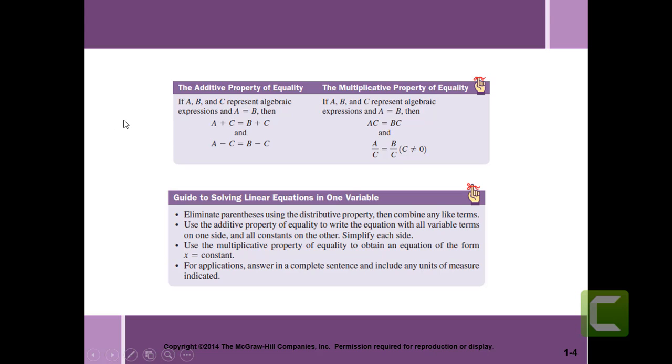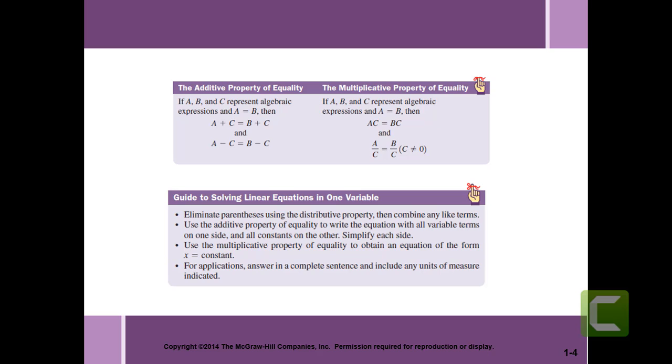When we talk about an algebraic expression, we're talking about things like x times y divided by w. That's an algebraic expression. Why? Because it involves variables. Anything that includes at least one variable is considered an algebraic expression.